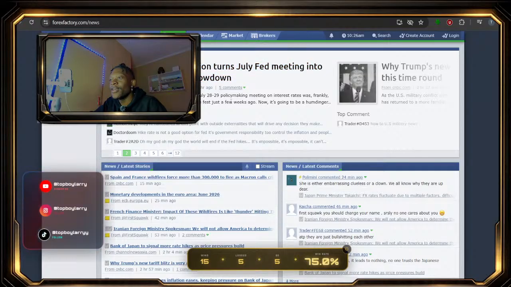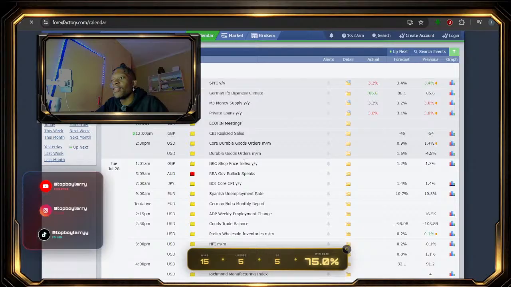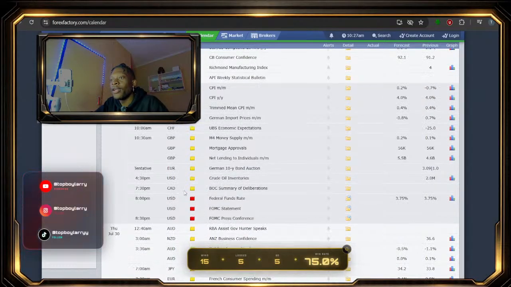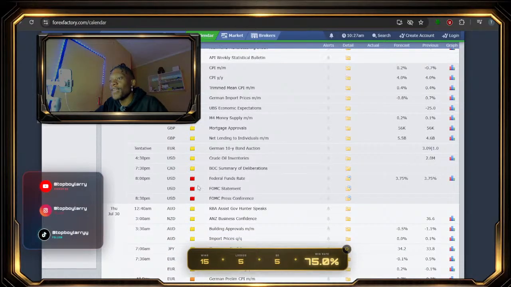So yeah, this is something that we need to look into here. And on the calendar here, we do see that those are coming out on Wednesday, right? Wednesday, 8 p.m. here, we're gonna have federal funds rate. We're gonna have FOMC statement where the Fed is gonna speak here, and FOMC press conference. So we'll see.